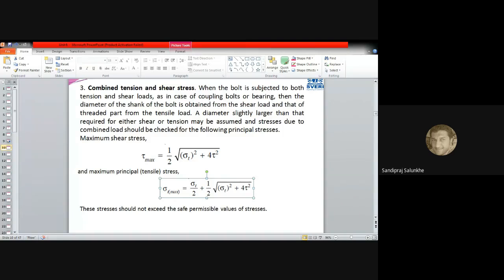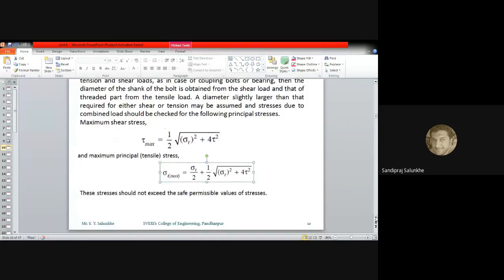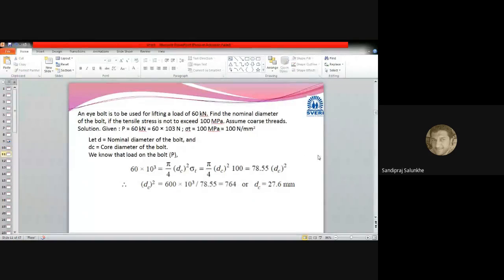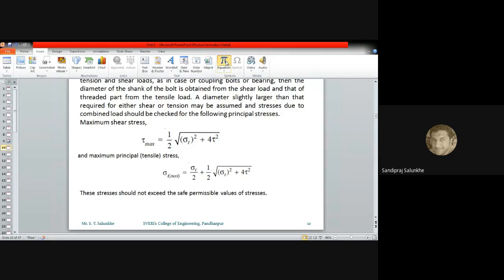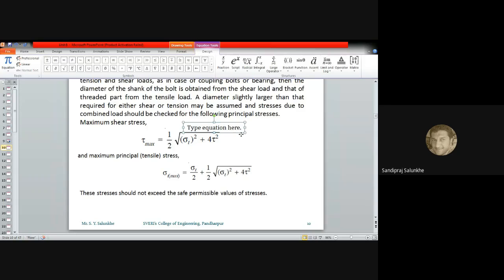So in this case, as we are going to calculate the shear stress, how are we going to consider it? As per the previous formula, this maximum shear stress is given by force divided by area.